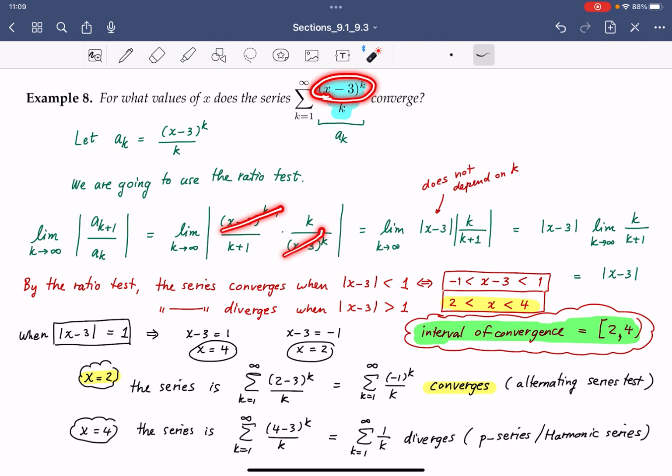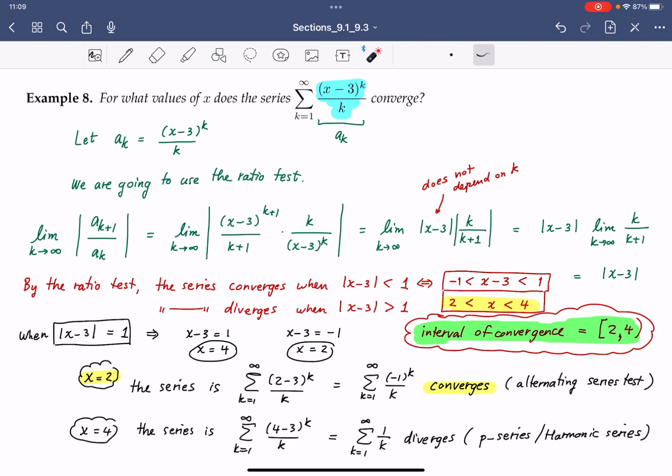This is the theory developed from the ratio test: when you see (x minus center) to the k, it's okay to use the ratio test because it's going to cancel out anyway. So the ratio test is recommended because you have (x minus a) to the n. The root test is recommended when you see something to the k as well. We're going to have something similar for the root test, but this is the ratio test part.